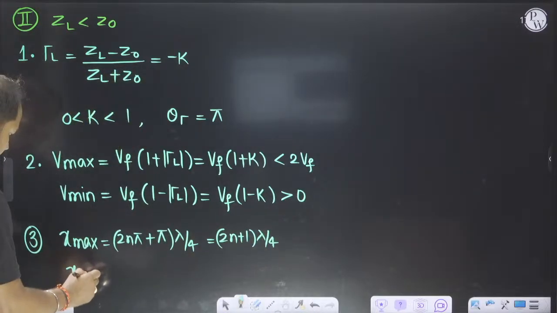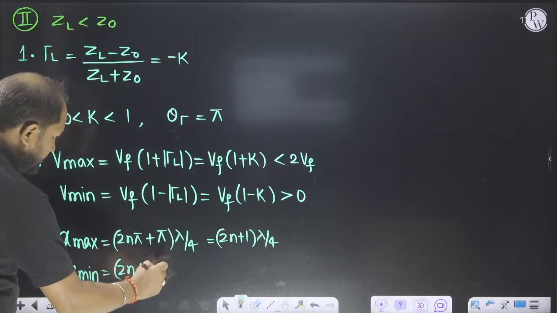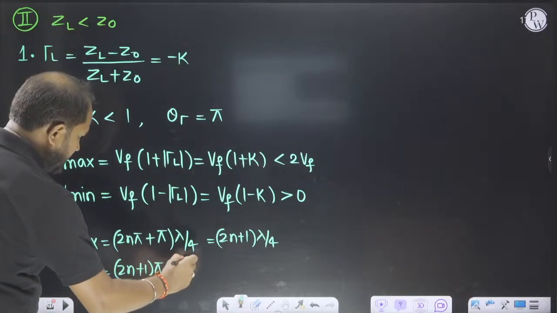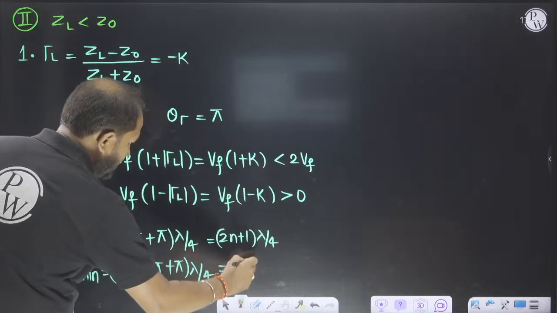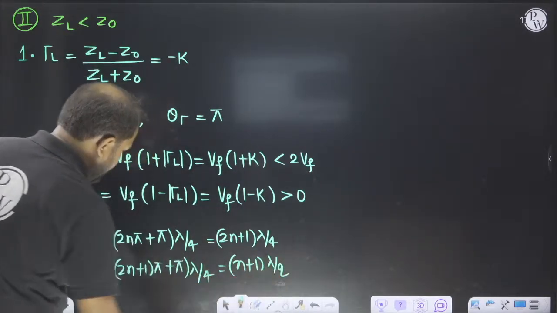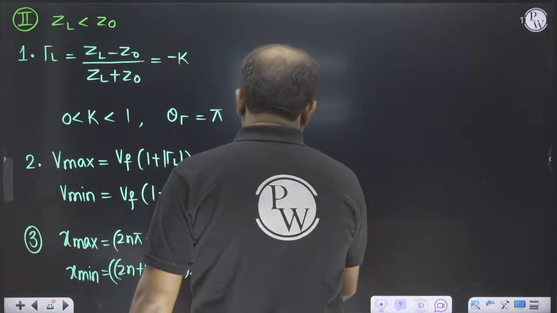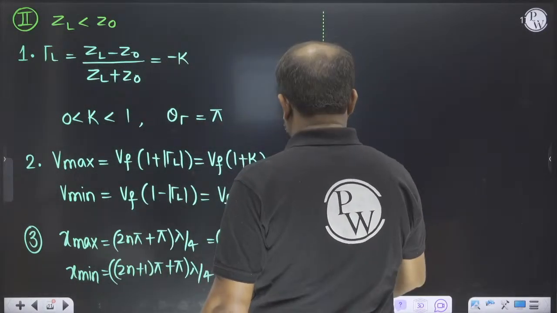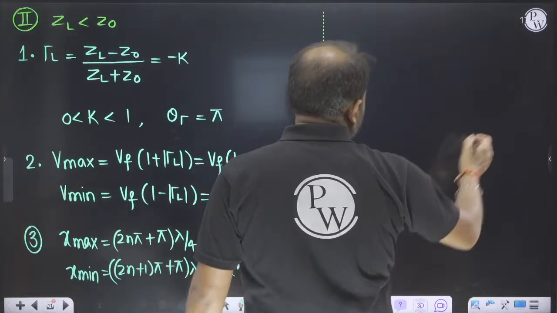And x min is (2n plus 1) pi plus theta gamma, into lambda by 4. That means x max will be 2n lambda by 2, n plus 1 lambda by 2. So the location of maxima and minima is not changed, they are the same.